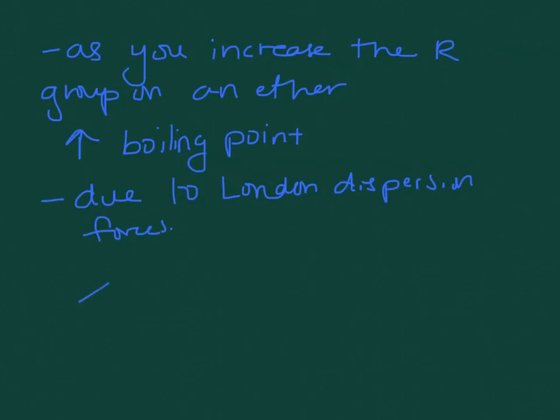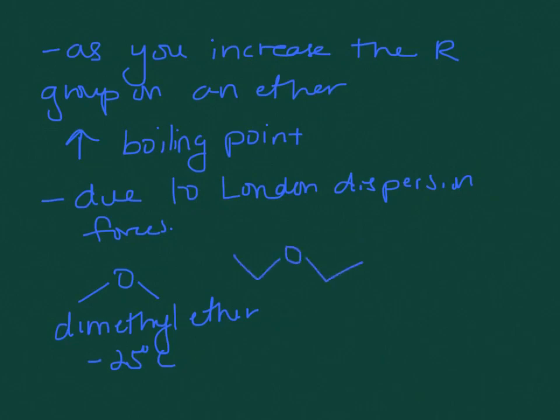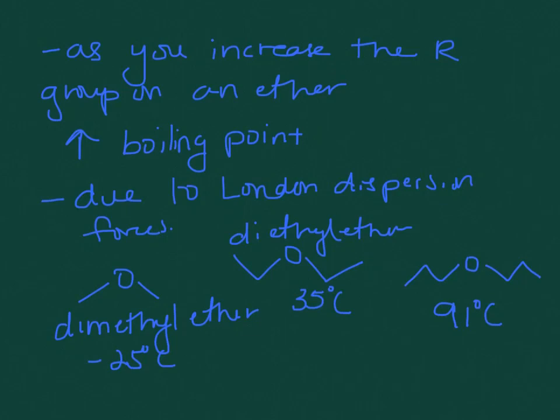So if you were to look here, we have dimethyl ether. The boiling point is negative 25 degrees C. When we move up to an ethyl substituent, diethyl ether, the boiling point is now 35 degrees C. And if we make these propyl groups, the boiling point is 91 degrees C. So you can see as you increase the R group, you increase the London dispersion and increase the boiling point.